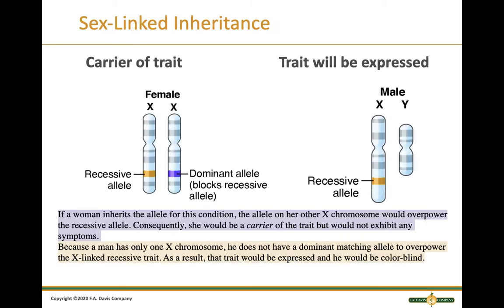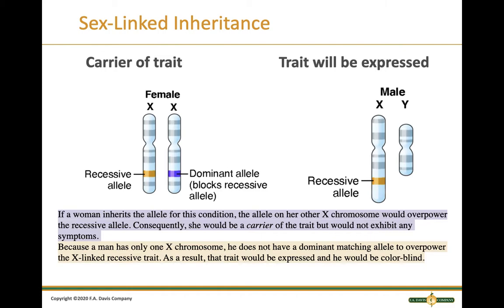All right, next we're going to look at sex-linked inheritance. Say we have a trait, say it's color blindness, and that's one of the most common ones. It's carried on the X chromosome. This female here has one recessive allele and one dominant allele.